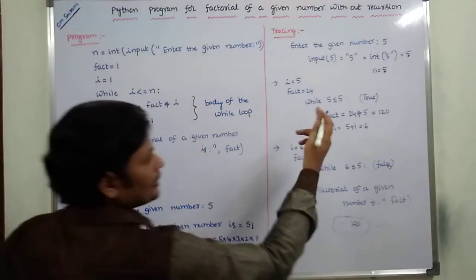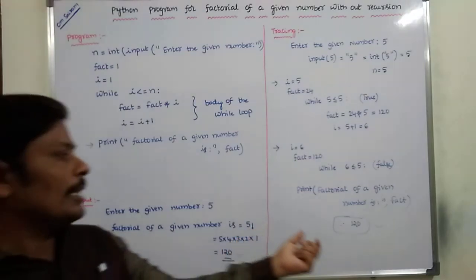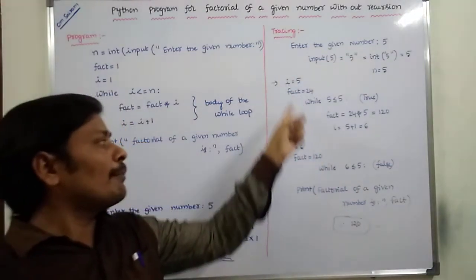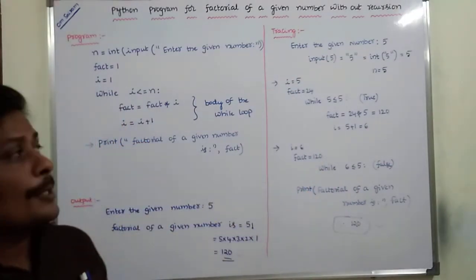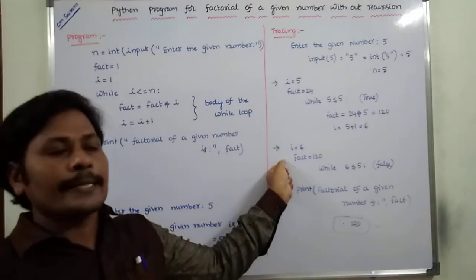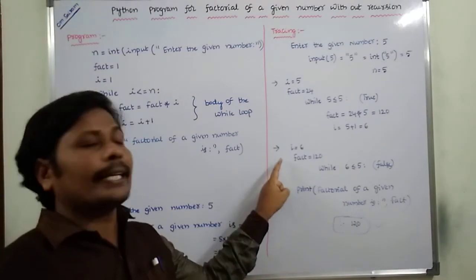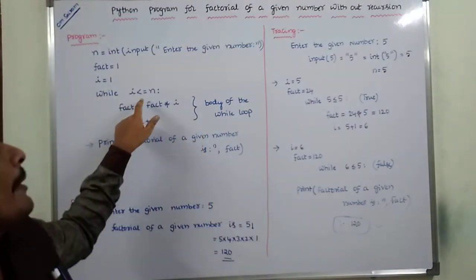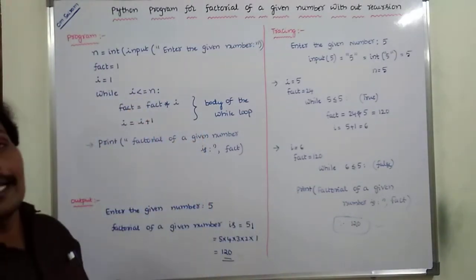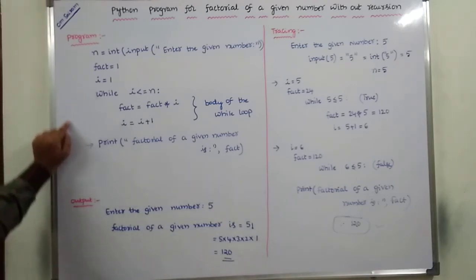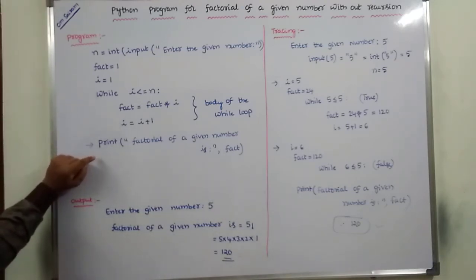After tracing the program, we are getting 120. How many iterations are there? Total 6 iterations, 5 iterations are true. At the 6th iteration, the while loop condition is false. The control goes to the next statement after the while loop.